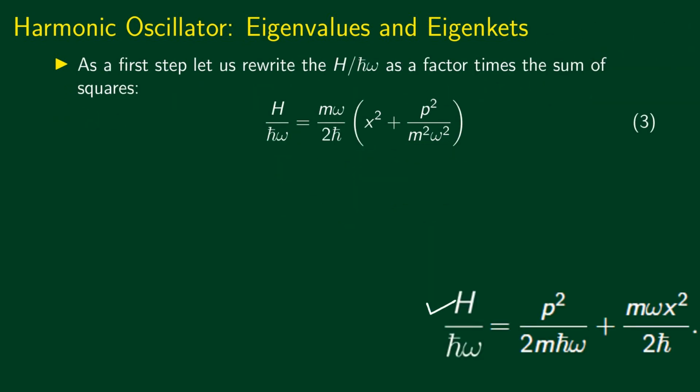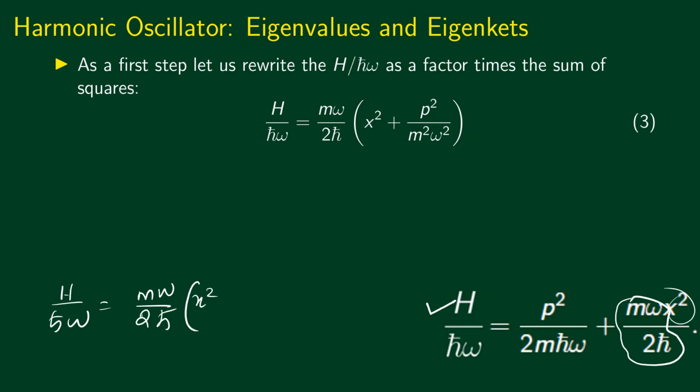Now we have h divided by h bar omega. We see that this m omega divided by 2 h bar can be pulled out, and then we'll be left with an x square. So let's pull out m omega divided by 2 h bar, and let's write this first. So we have got x square plus, and here we have got p square divided by 2m h bar omega, and we have pulled out m omega divided by 2 h bar.